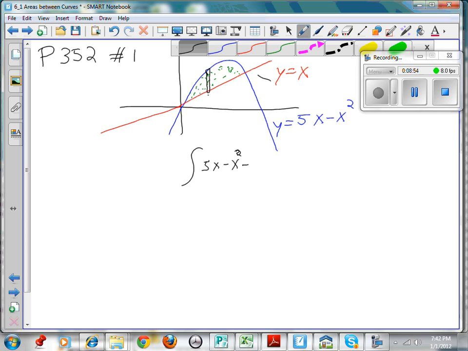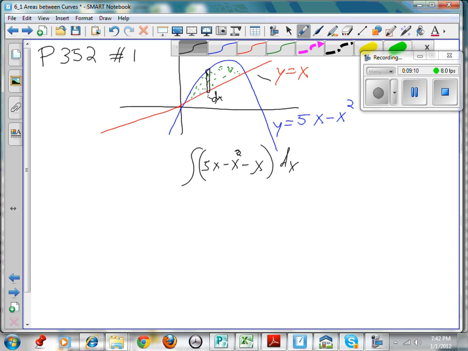So it's that height minus that height, x. That is the height of the rectangle. What's the width of that rectangle? Well, the width of that rectangle is just dx.